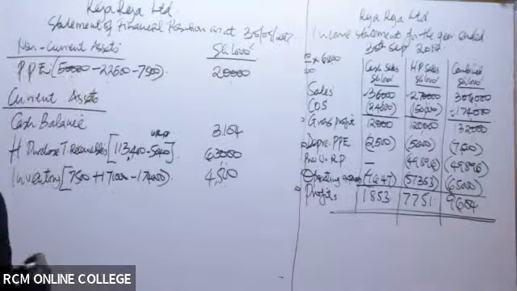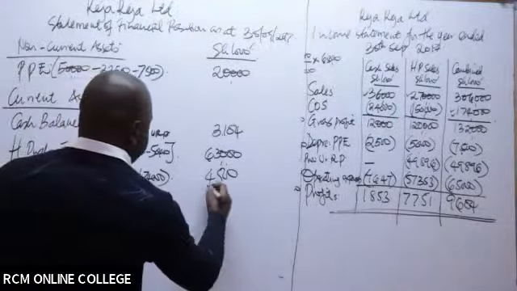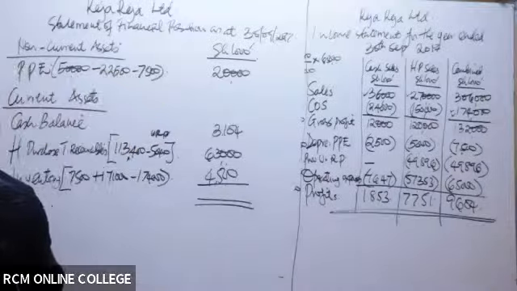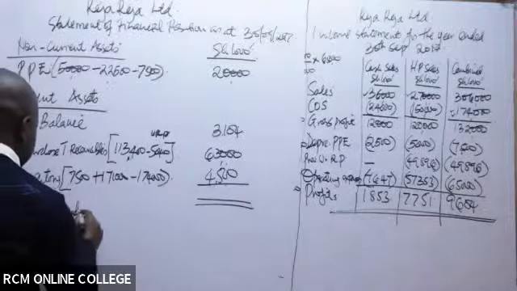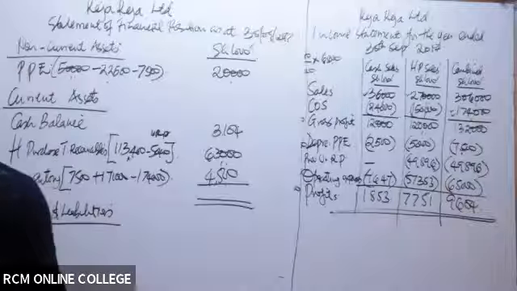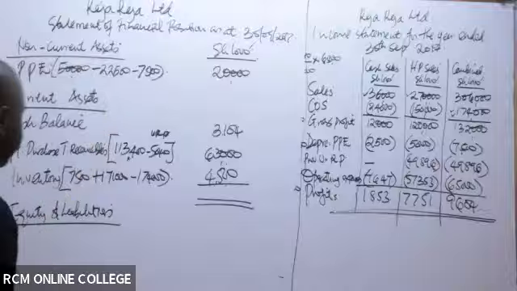Then we can go to equity and liabilities. You can get the total here. For equity, if you look at the first item in the trial balance, you've been told share capital of 37,500.